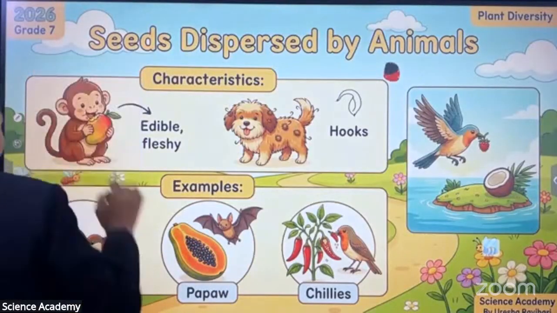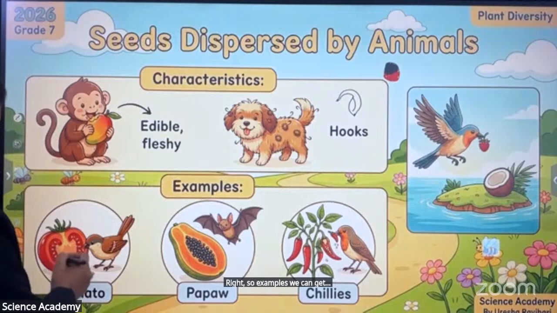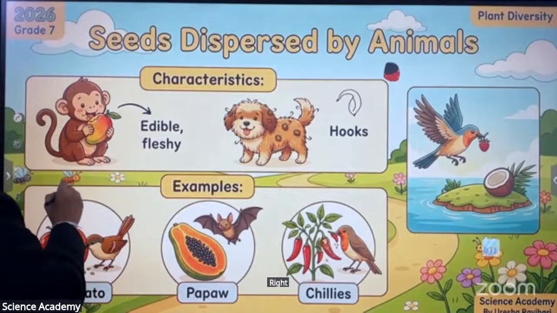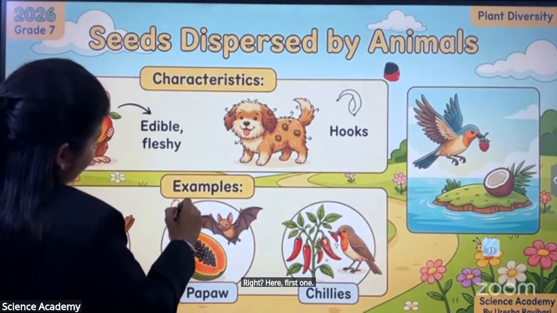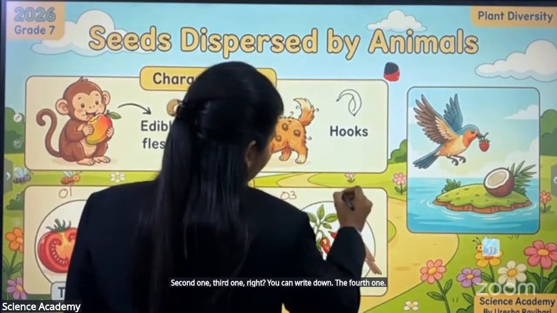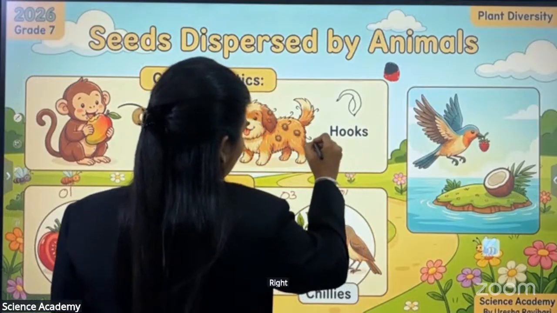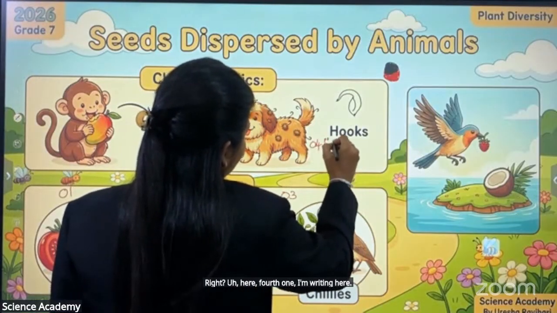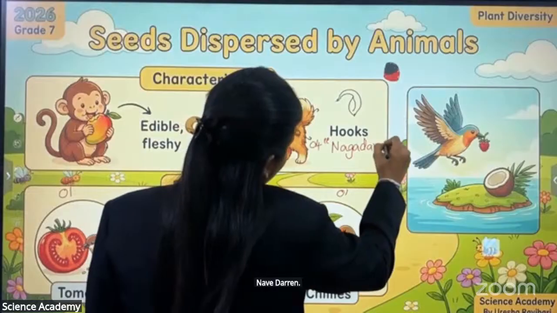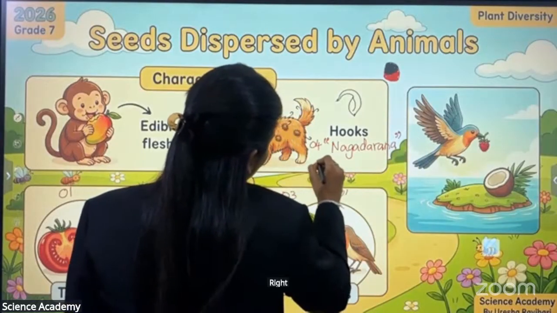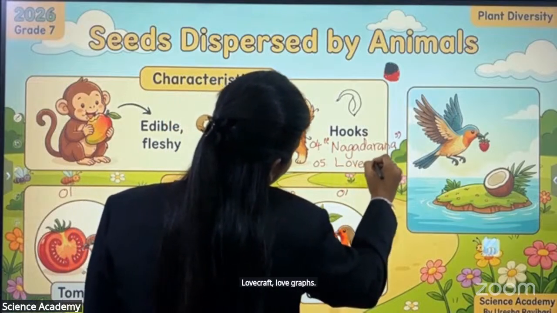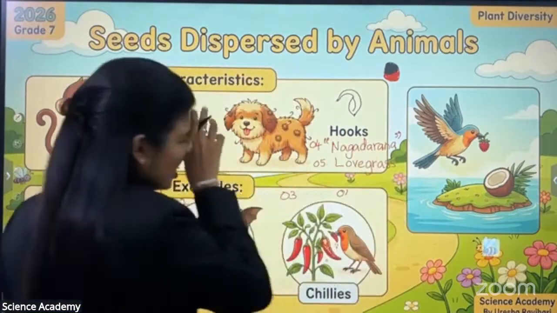Okay, right. So examples we can get are tomato, pepper, chilies, right? Here first one, second one, third one. You can write down the fourth one, here I am writing Nagadharana. Fifth one, love grass.